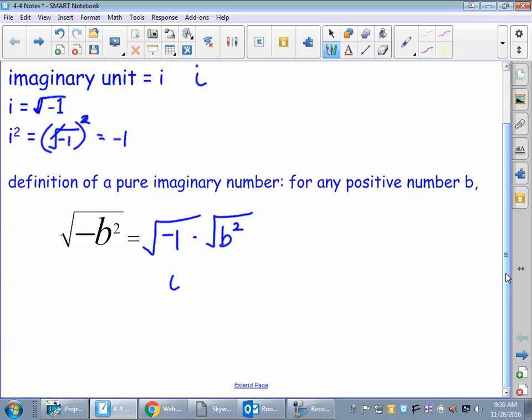The square root of -1 will become i, and then the square root of b squared just becomes b. So b represents any number. We always put the imaginary number in the back, so bi would be the simplified form of that problem. And b just represents any base, any number.